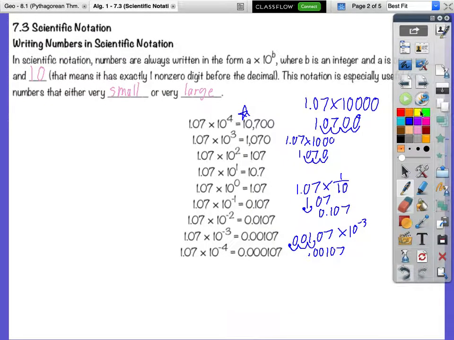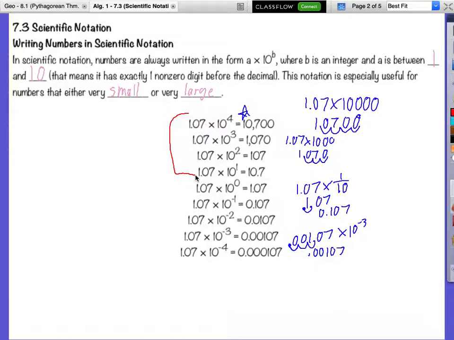One note I want to state, once again, is that the positive exponent makes the number bigger. So the positive exponent on 10 makes the number bigger.